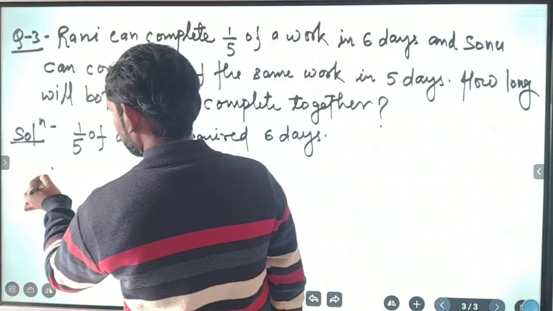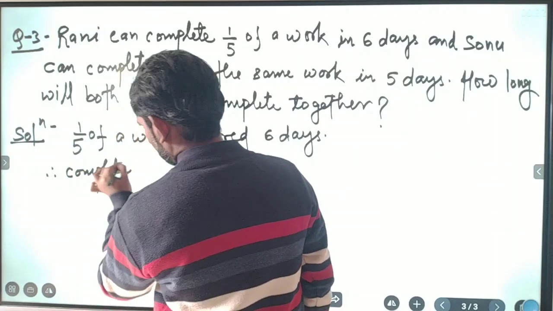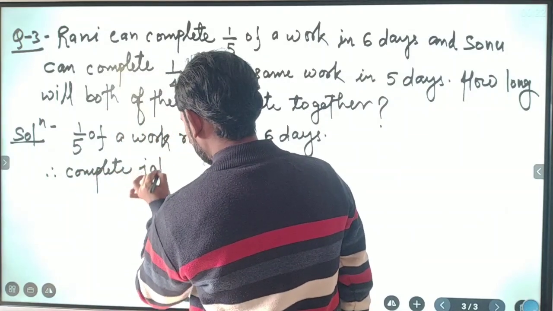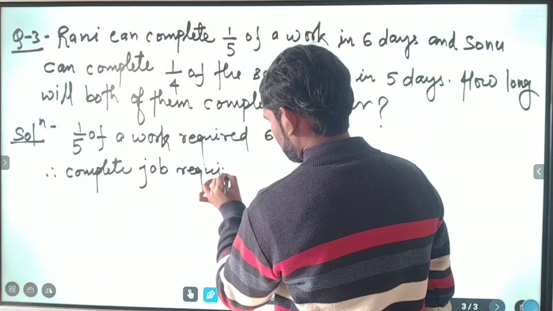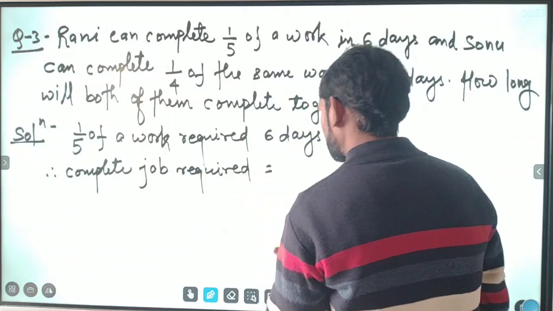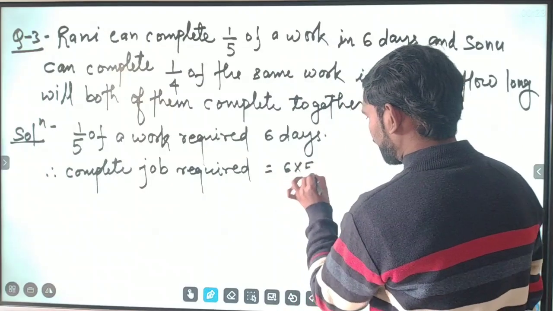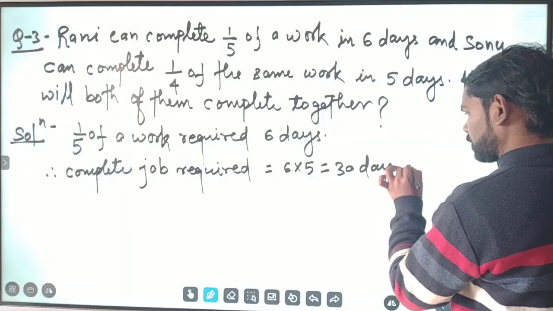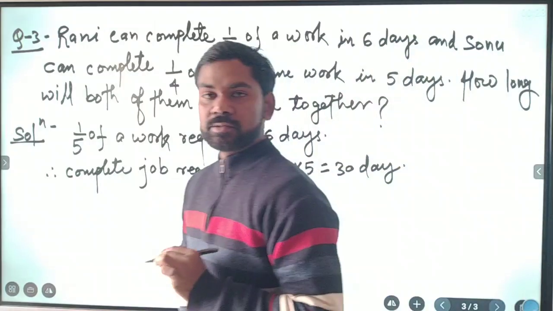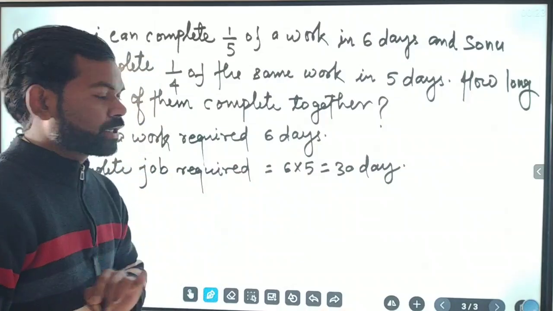Therefore, to complete the whole job it requires 6 into 5, which is equal to 30 days. So we can say that Rani can complete the work in 30 days.